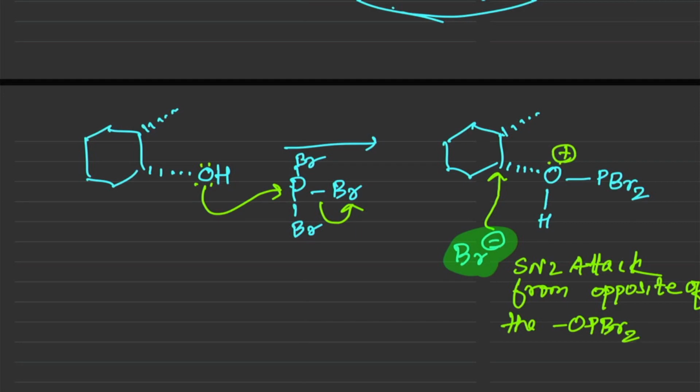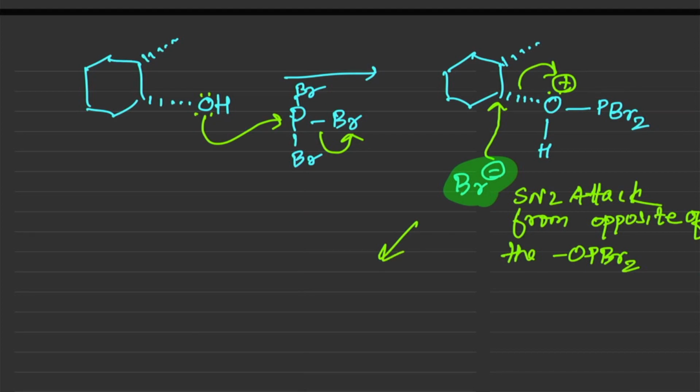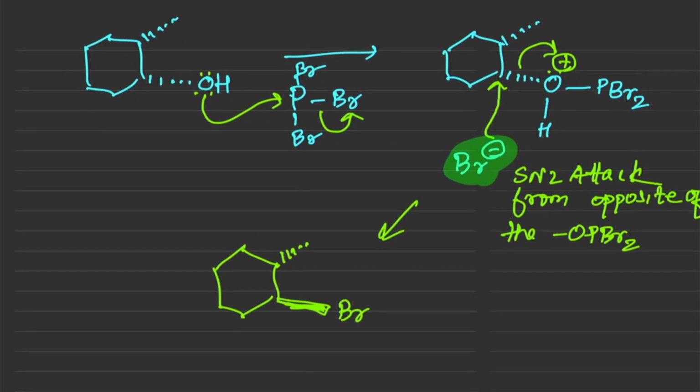So now the leaving group will go away and the attack will happen from the opposite side. And what you'll end up making is, nothing changes there, but our incoming group, bromine, is going to be here. So that's the beauty of this reaction. All right, let's stop the video here and we'll discuss more on elimination reactions in the next video.